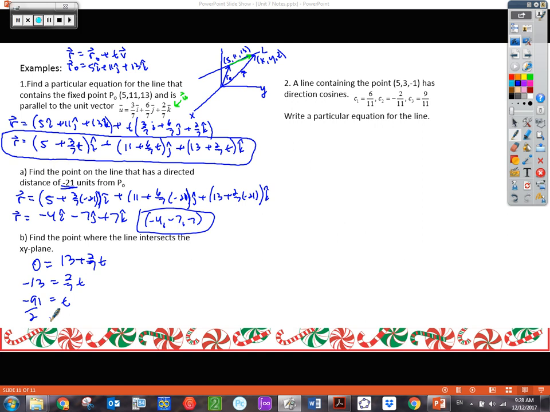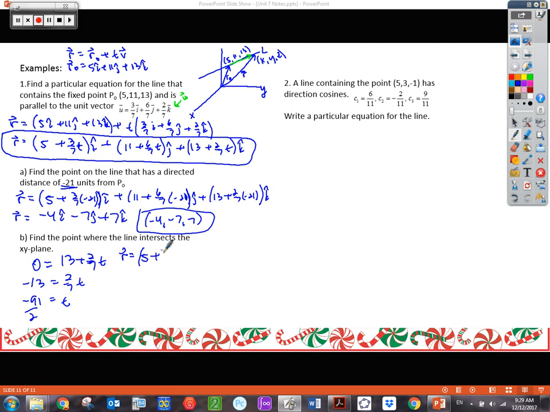What would I do? Absolutely, we're going to plug it into our vector equation up here. We're going to put it everywhere there's a t. We're going to put negative 91/2, and that's going to give us the actual point that this line crosses through the xy plane. So let's do that.